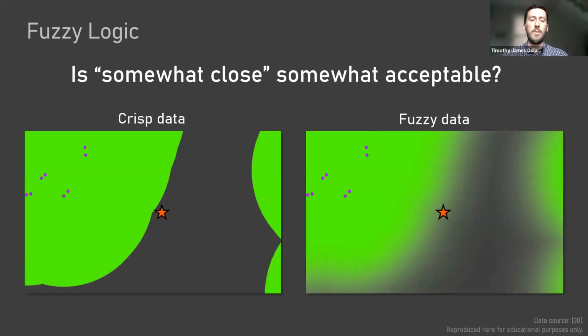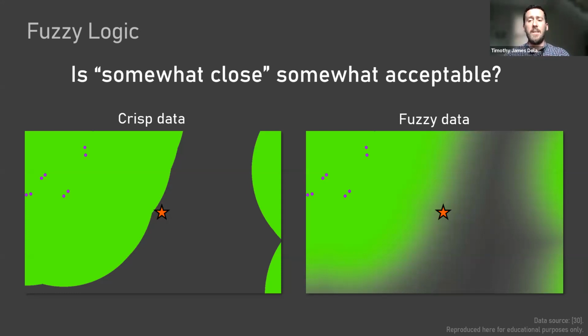Remember, binary logic uses crisp data with clearly defined classes that are values that are either part of or are not. It's clear on the left of this slide that the red star is not in a green polygon. Fuzzy logic uses, you guessed it, fuzzy data with values ranging from 0 for those that are not members to 1 for values that definitely are members included in the data set, with the maybes falling in between.